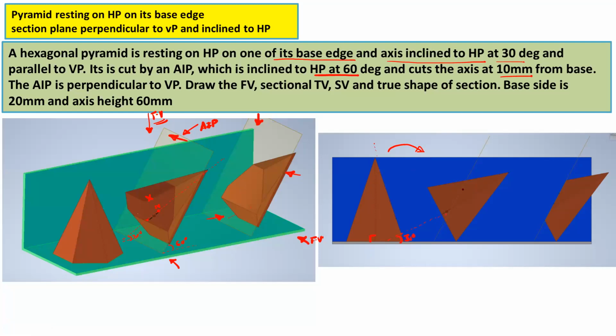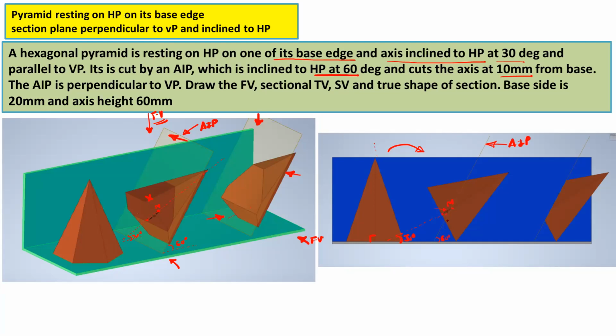Now in this front view, you should draw the sectional plane. So this is the line which represents the sectional plane. For this plane, this angle is 60 degrees. And at the same time, it will pass through this point M, which is at 10 mm distance with respect to this base.